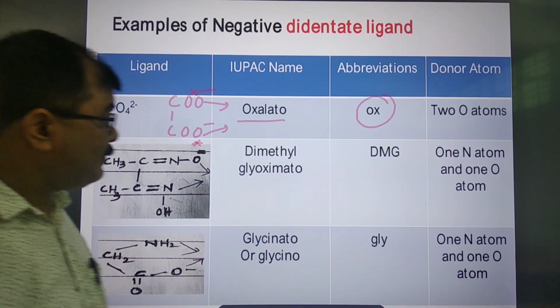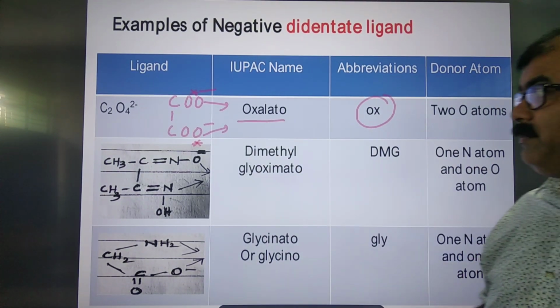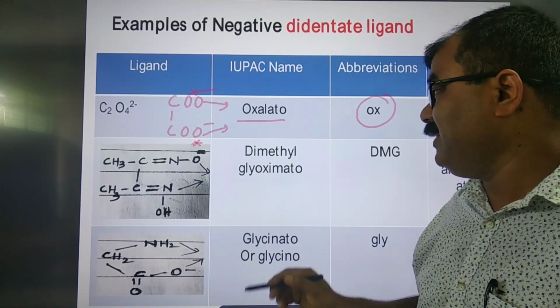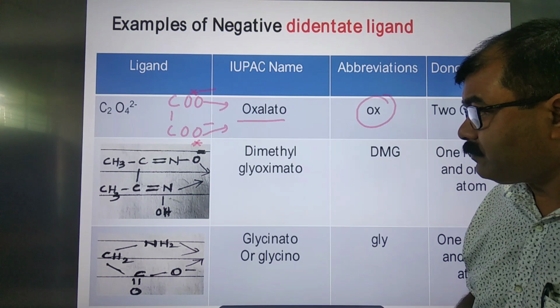Next, my dear students, another very important example of a negative bidentate ligand is dimethylglyoxime. Actually, it is a dimethylglyoxime molecule.